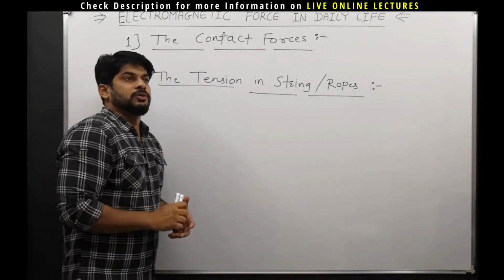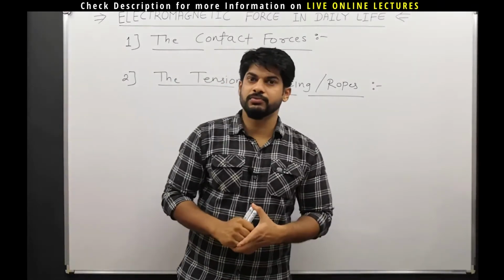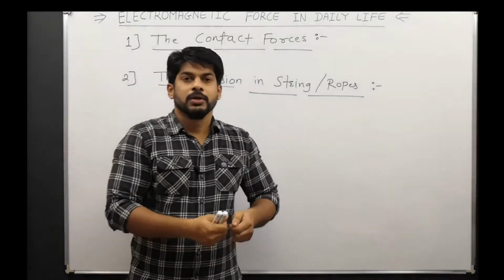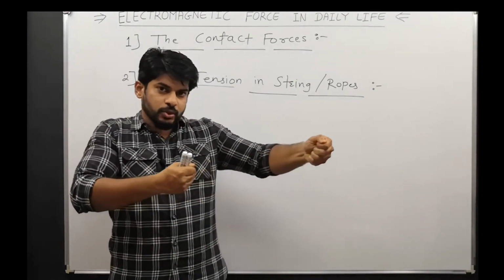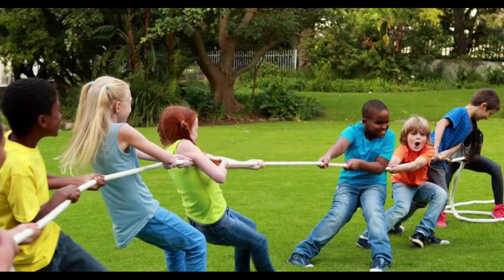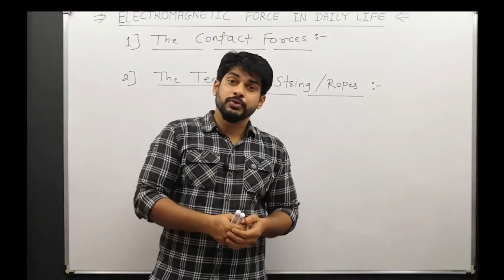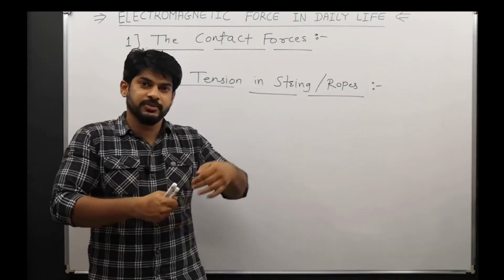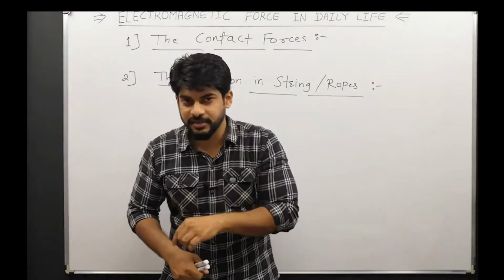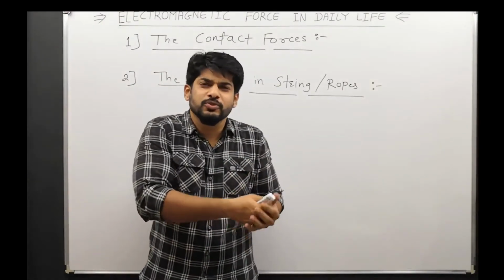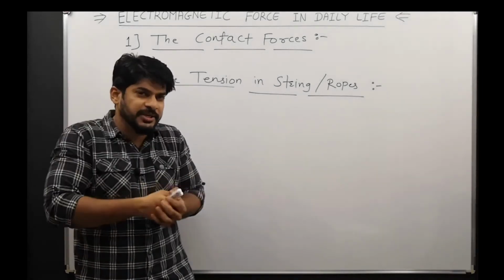So what is this tension in a string? You must have seen strings. When you stretch a string by applying force, like in the tug of war game you might have played, the two teams pull the string towards themselves, one from that side, the other from this side. The rope in between is stretched and very tight.